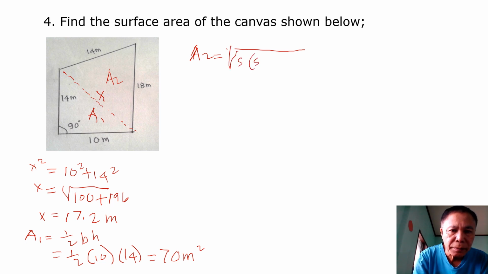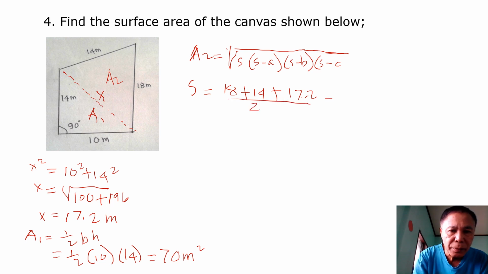S times (S minus A)(S minus B)(S minus C). Hero's formula. Where S equals (18 plus 14 plus your x, 17.2) all over 2.